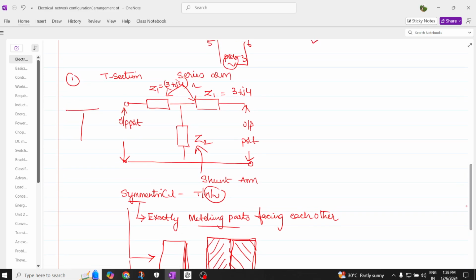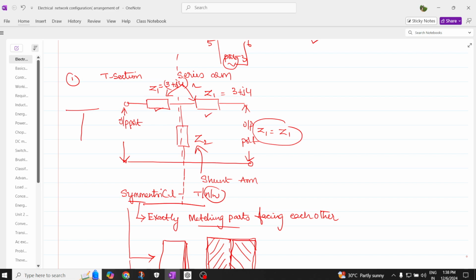Now when you see here, I'm going to fold it exactly at half, at the dotted line. This value and this value are the same, so Z1 equals Z1 when you fold it. Both match each other, therefore I can say this network is a symmetrical T network.